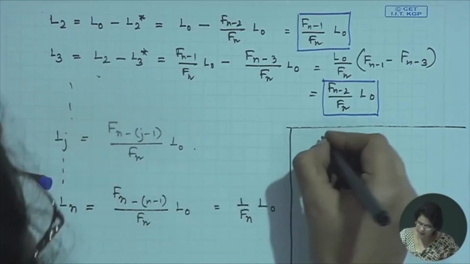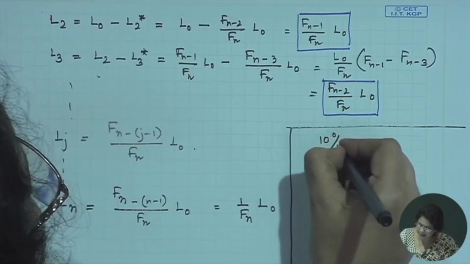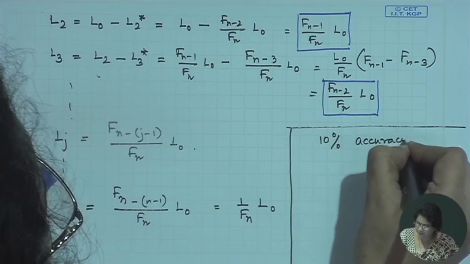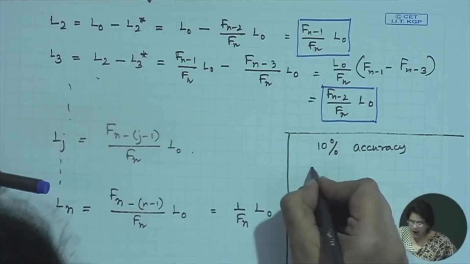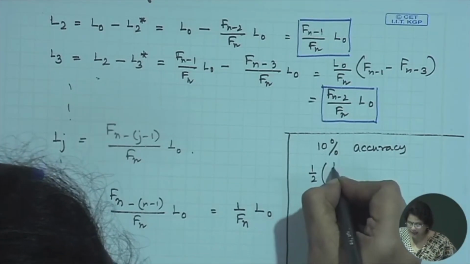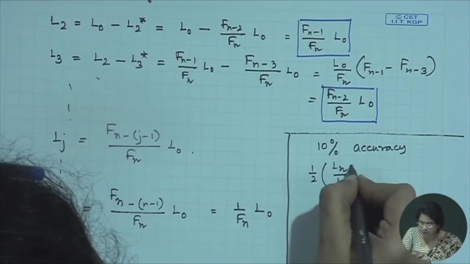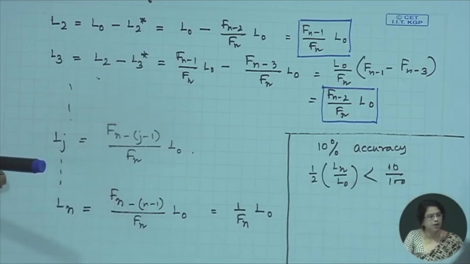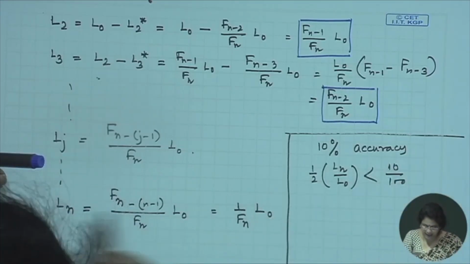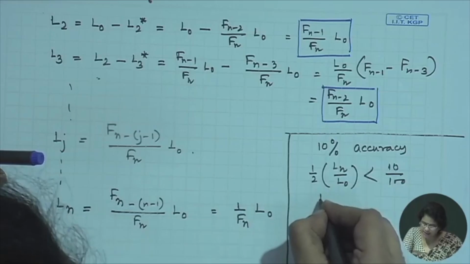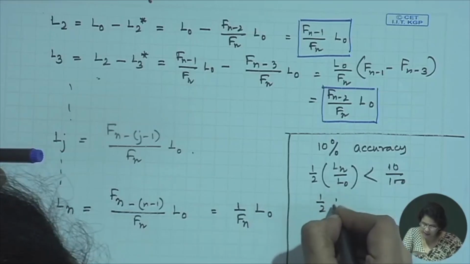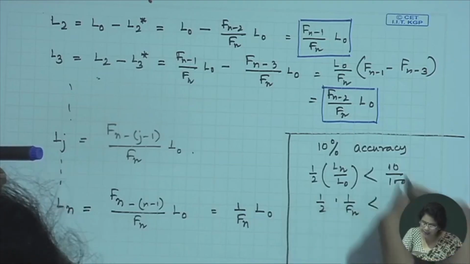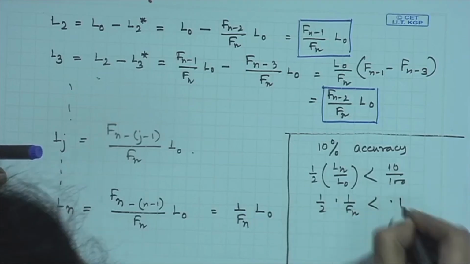Okay. Now, if I want 10% accuracy, then half of Ln by L0, as I did before, must be 10 by 100. Alright. Here, what is Ln by L0? This is equal to 1 by Fn, which must be less than 0.1.